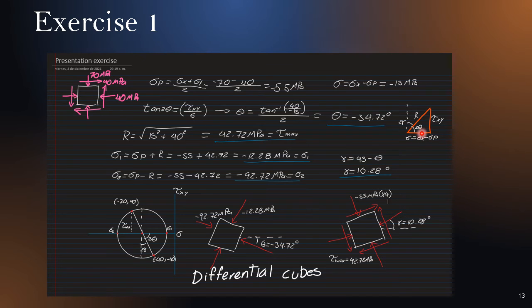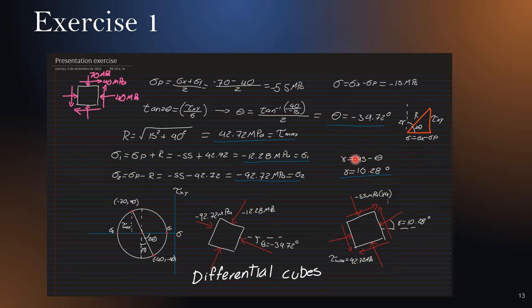Now we need to find the leg of the triangle, which is obtained by subtracting the average stress from the stress in x. We now have that it's minus 15. Now we can use the formula that we saw before and just substitute all its elements and find that the value of theta is actually minus 34.